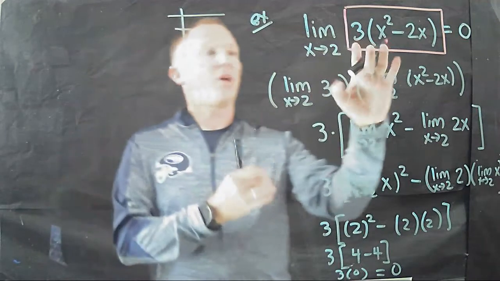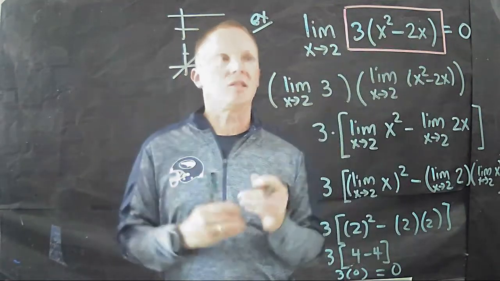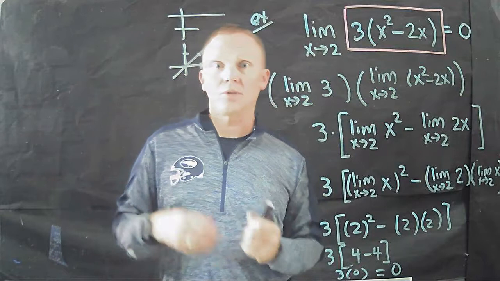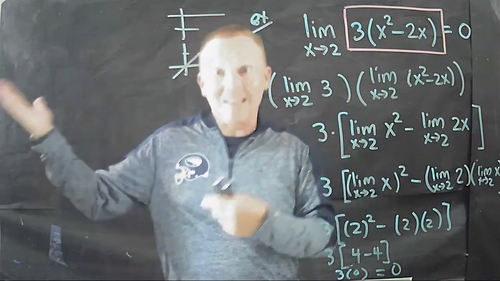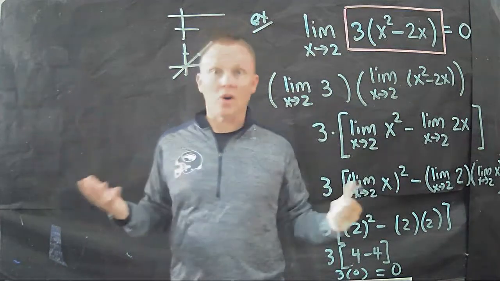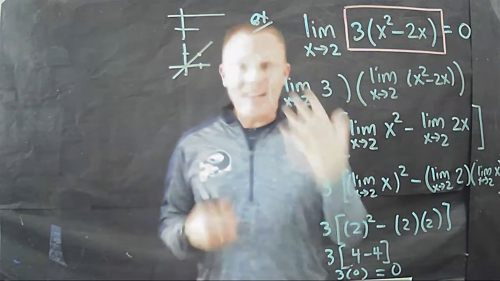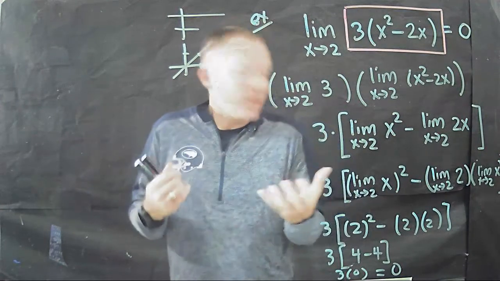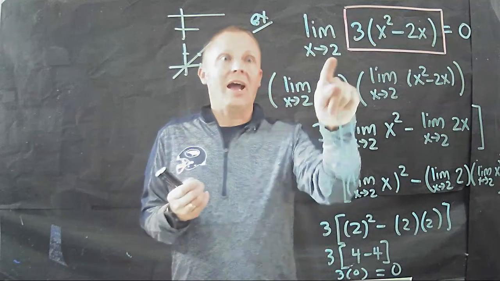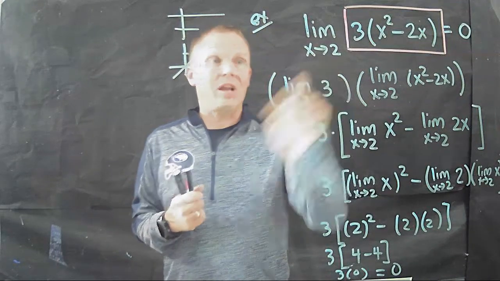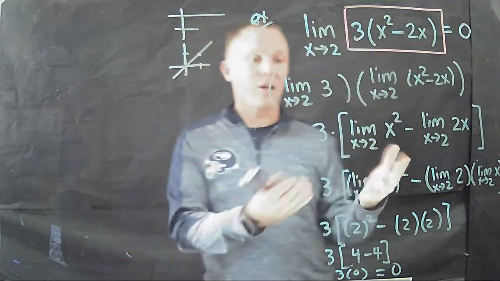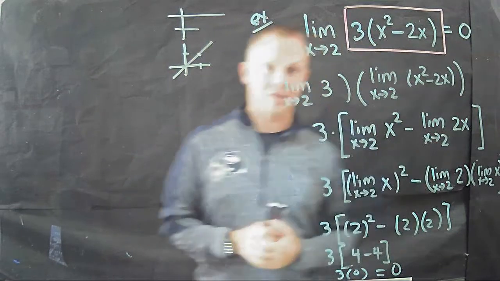If you were to think about the graph of that function, it would be continuous at x equals 2. And if you're continuous at x equals 2, then the limit equals the function value. So anytime you're dealing with something that you recognize as a continuous function at the point that you're investigating, you could just plug in. You wouldn't necessarily have to go through all these steps.